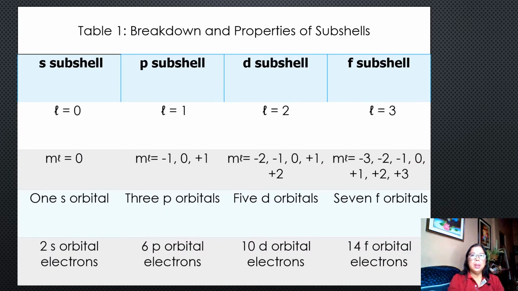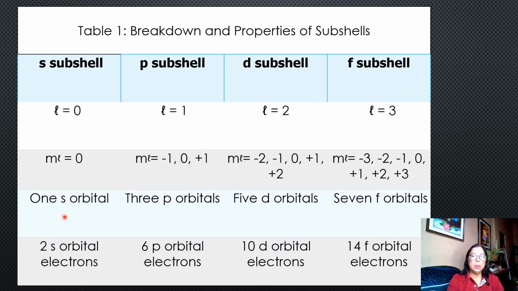Okay, this is the breakdown and properties of the subshells of carbon and other elements. So s subshell, p subshell, d subshell, f subshell. Of course, these are their quantum numbers and their angular momentum quantum numbers.